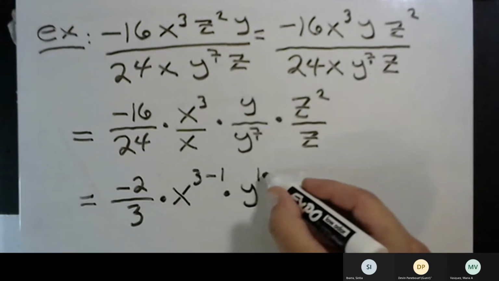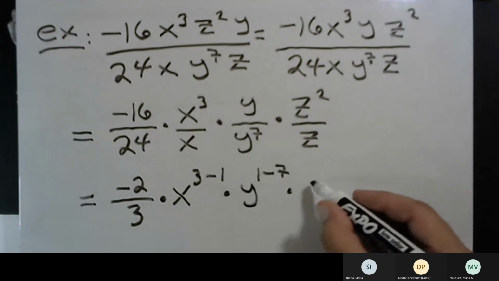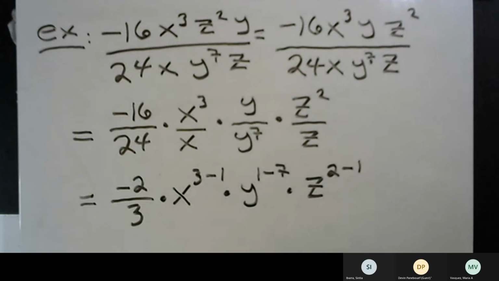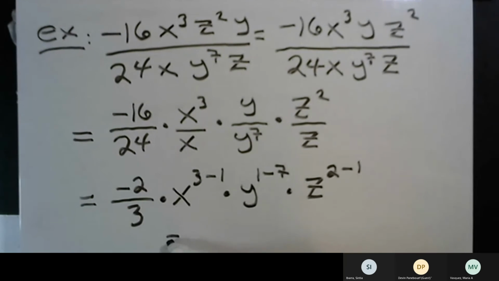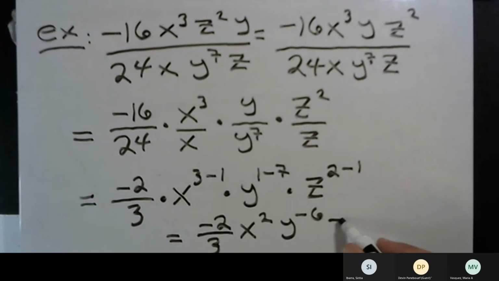Again, always the top minus the bottom. Always. 1 minus 7, and then 2 minus 1. So what this will give us is negative 2 over 3, x squared, y to the negative 6, and then z to the 1.